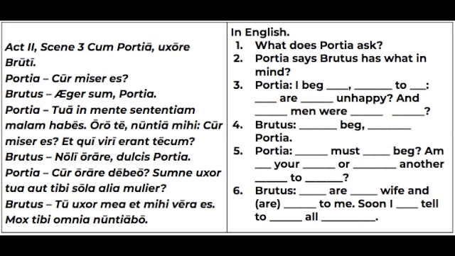Qui viri. Okay, then Brutus says, Noli orare, dulcis Portia, do not beg, sweet Portia. And then Portia really gives it to him here. Cur orare debeo? Sumne uxor tua aut tibi sola alia mulier? Why must I beg?